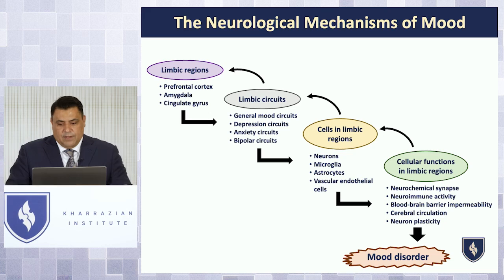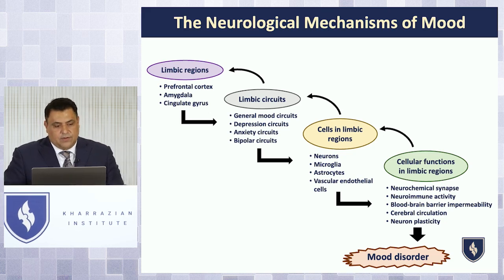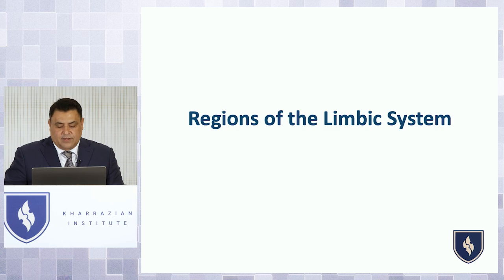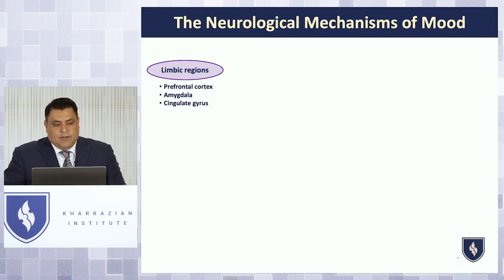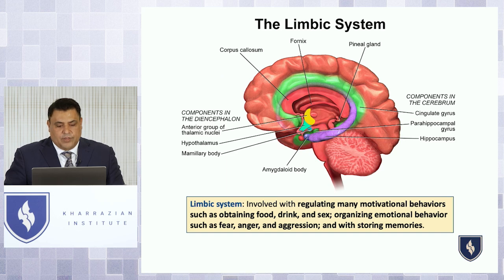So what I want to do is go into the limbic regions first, the areas of the brain. Now we talked a little bit about this, but the limbic system is really the emotional brain, right? When you look at the limbic system here, you can see these areas that are in different colors. You can see the cingulum, the fornix, the hippocampus, pineal gland, the amygdala, areas of the frontal cortex.